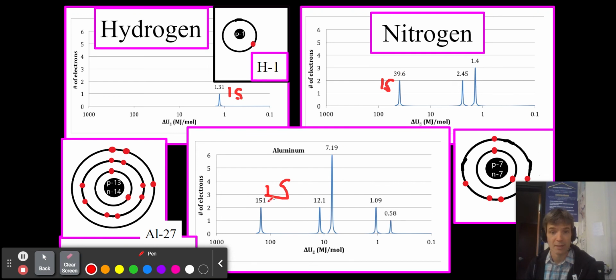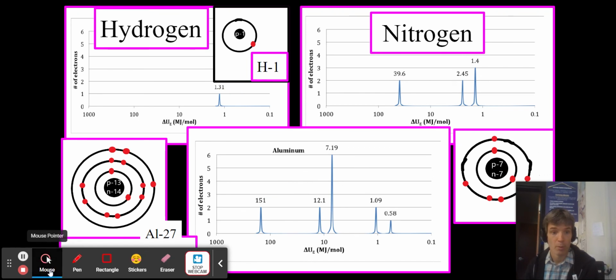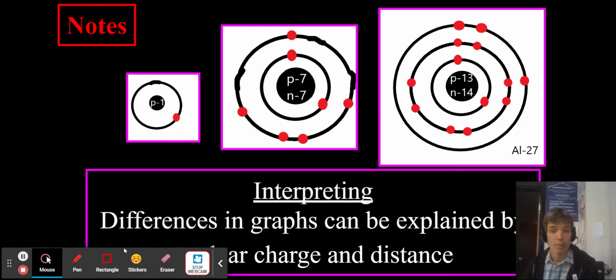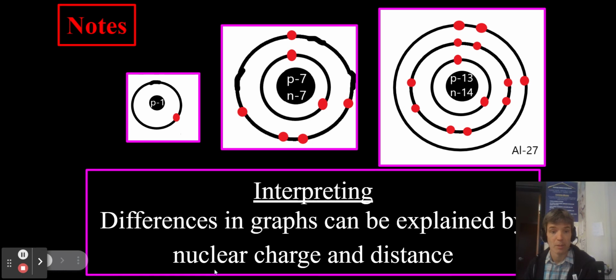But you'll notice it's significantly higher in aluminum and lower in hydrogen. And why is that? Well, you'll remember all differences can be explained with nuclear charge. And in this case, it's nuclear charge. You'll notice that the nuclear charge is going up in each one successively.